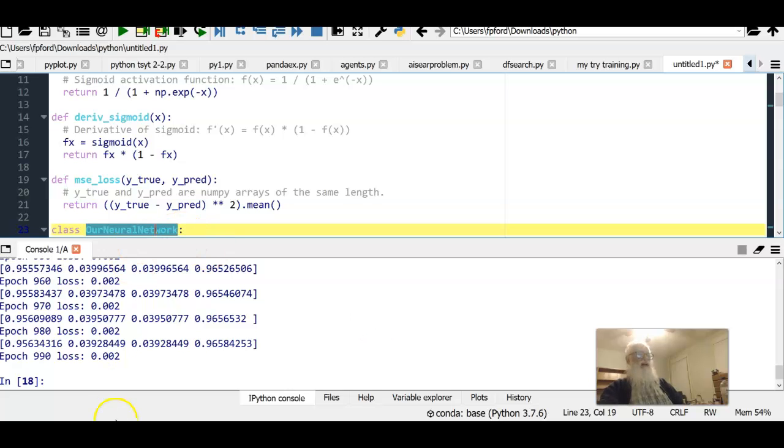You'll notice that on the female side, I was getting answers like 0.95. And for the male side, I'm getting answers like 0.039. And remember, we said 1 would be for the female, and 0 would be for the male. So we're getting pretty good answers.